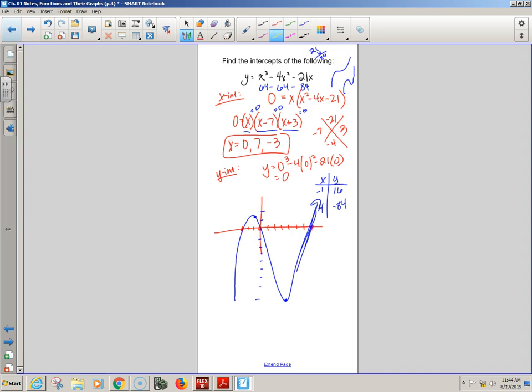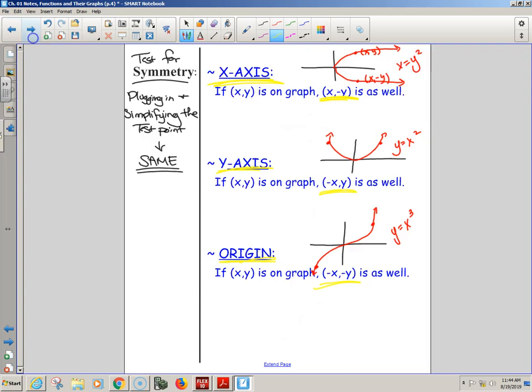Yes, it could be symmetric about a point, but if it gets stretched or shifted around, a cubic function will only have origin symmetry when its point of inflection is at the origin. Not something you have to memorize right now, but just a warning: some cubics are and some cubics aren't.